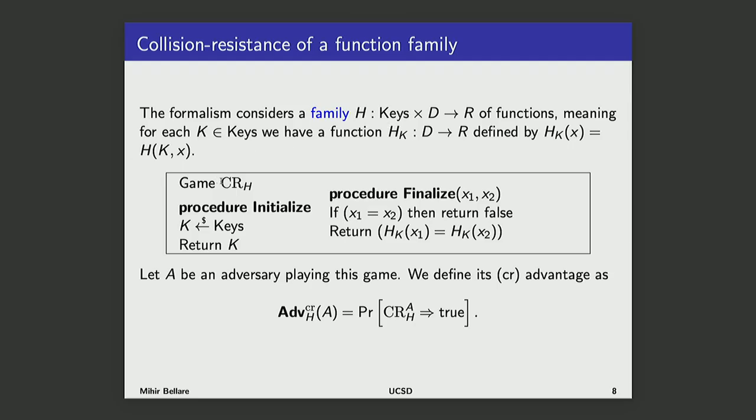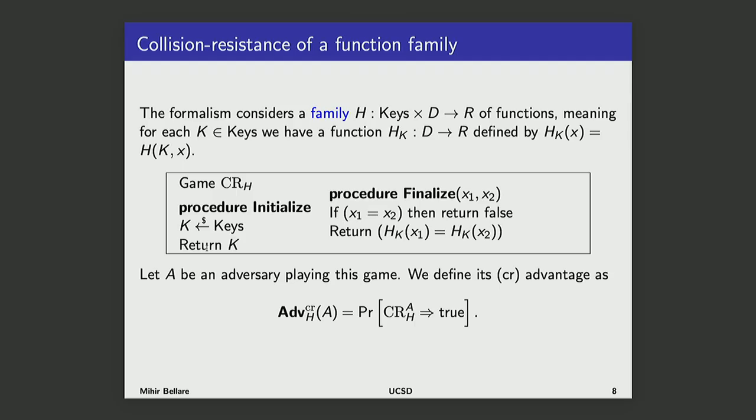So associated with that is a game called collision resistance. And as usual with these games, it starts with an initialize. And again, as usual, the initialize will pick a key from this space. But now comes the unusual step, which we've not seen before. If you remember key recovery security and PRFs, the key was hidden from the adversary, and the adversary's job in key recovery was actually to find it, and in PRF security to do stuff connected with it.